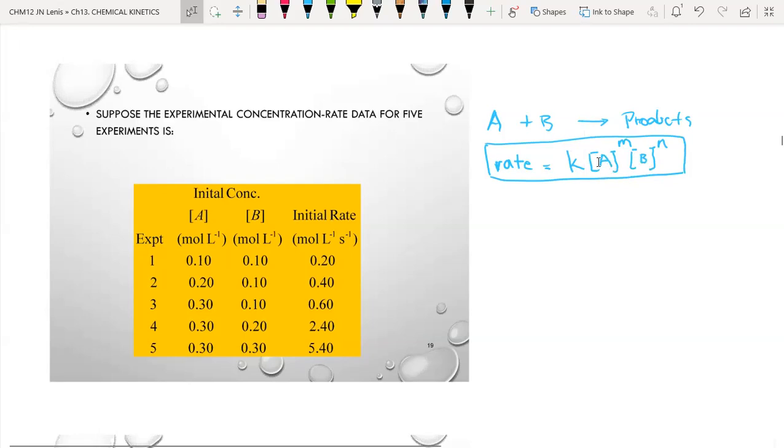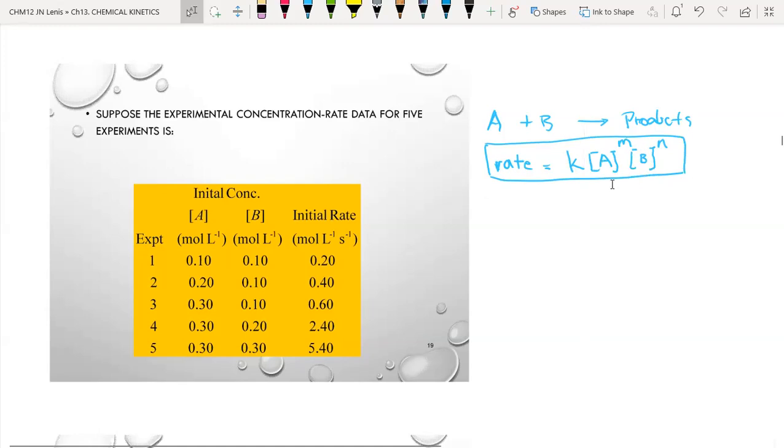Or start making changes here. Keep this constant, do not change this concentration, start making changes here and see how the rate is affected every time you make a change in the concentration of this species. But the only way to know that is keeping the other constant.